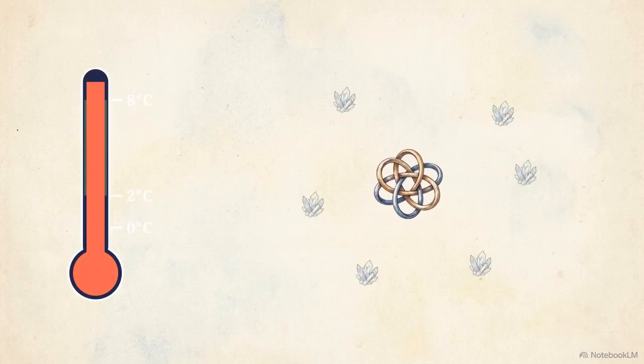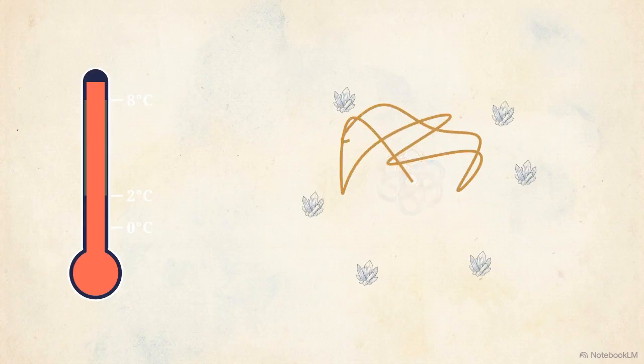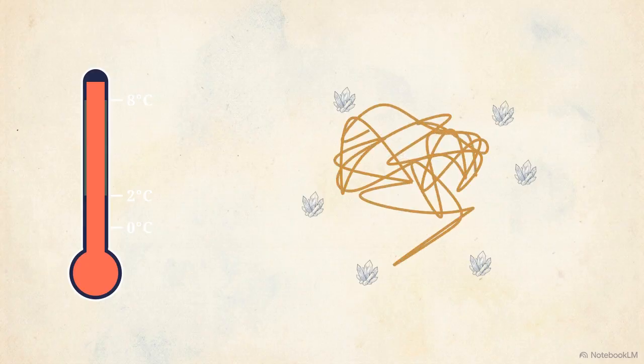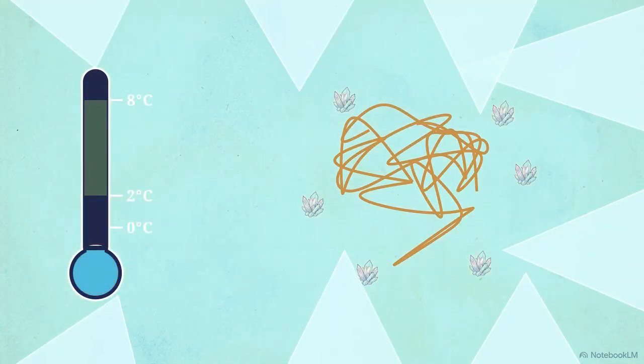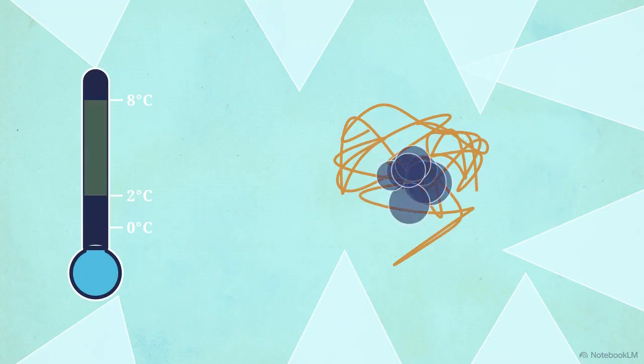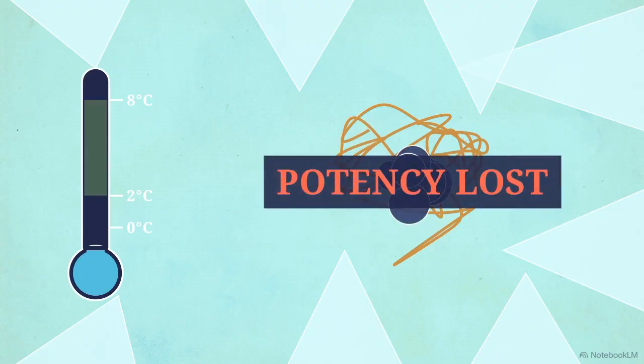The engineered protein antigens begin to vibrate and unfold, entirely losing the specific shape that the immune system needs to recognize. A drop below 0 degrees is equally destructive. Freezing temperatures cause jagged ice crystals to form, which puncture the viral structure and force the aluminum adjuvants to clump tightly together into irreversible aggregates.